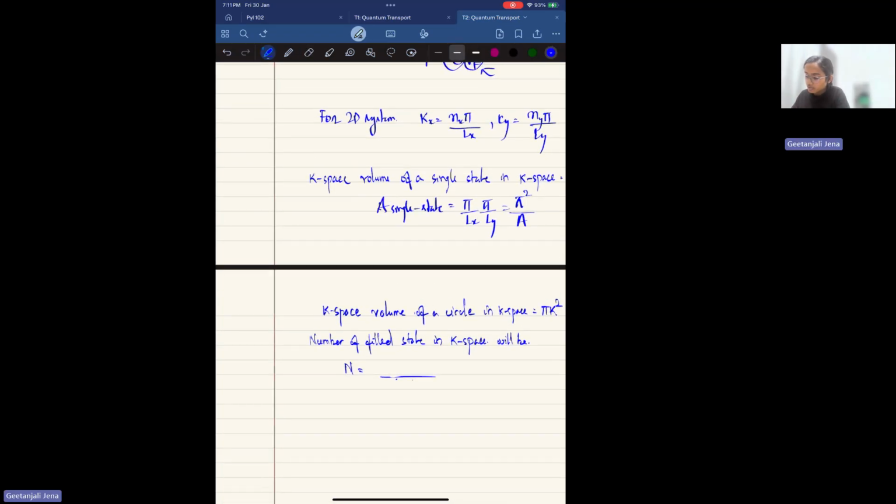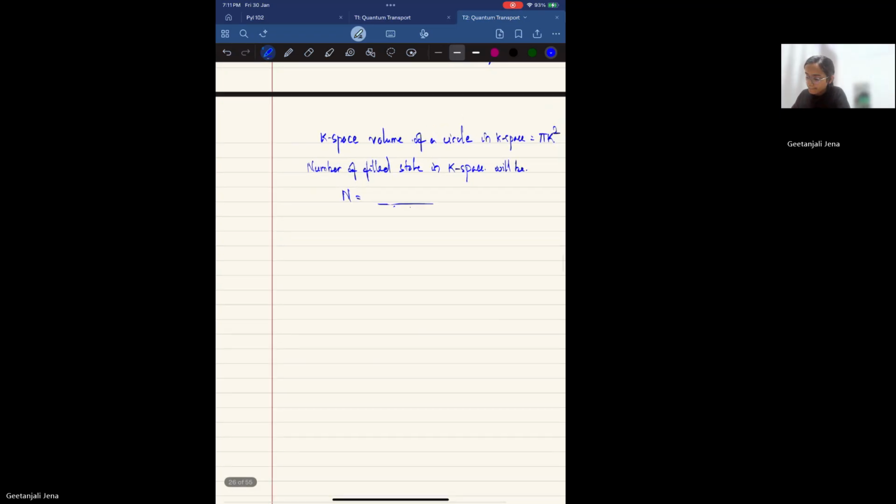So this should be A because it's a 2D one, multiplied by 2, which is the spin factor of the charge carrier, multiplied by half and half. This is to take into account only the positive states, because negative states are similar to the positive states, so there will be redundancy. That is why we divide it by 1 by 4.